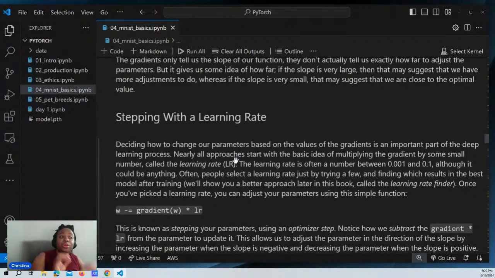If you've already run basic machine learning models, then you know there's this thing called a learning rate. And that's how quickly the model should learn something. In this case, the way it's calculated is going to be that rate times the gradient.